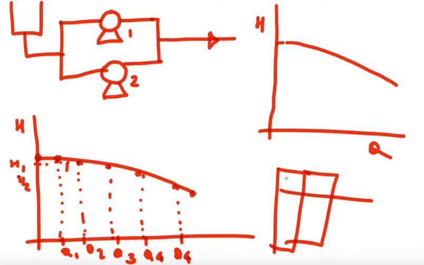Let's say this is Q, this is H, so this is Q1, Q2, Q3, Q4, and correspondingly get the value of head from this curve.